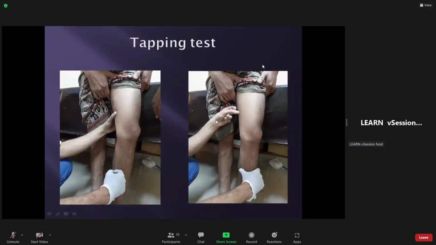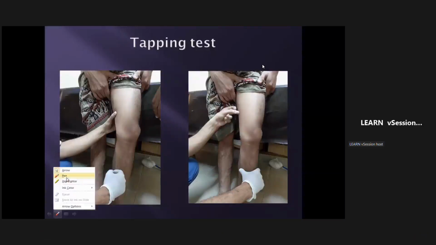What it means is, in normal veins, if you tap distally and feel proximally, you are going to feel the tap. That's normal, because blood flow direction is this, and the tap is also going to go that way.